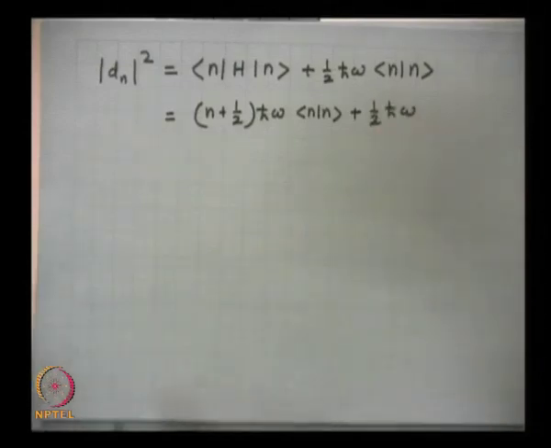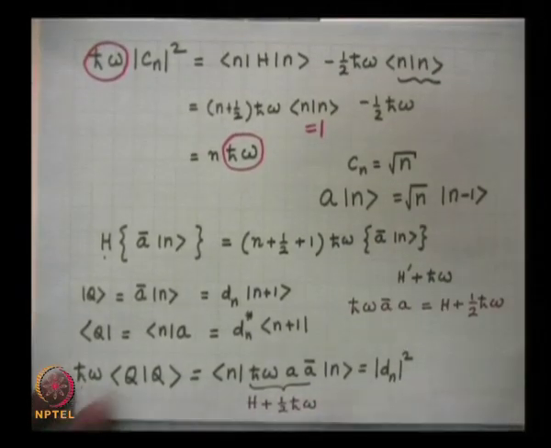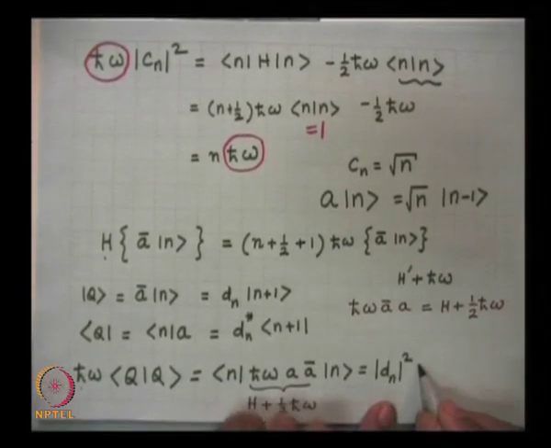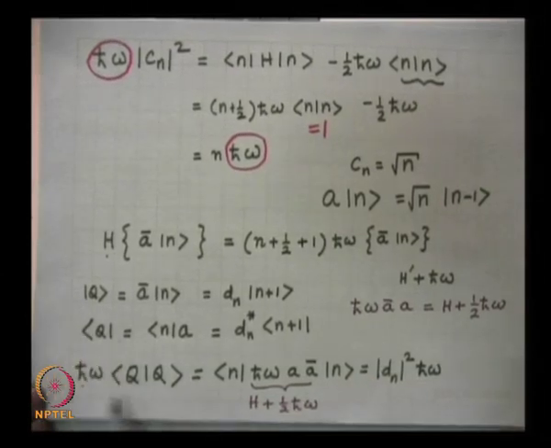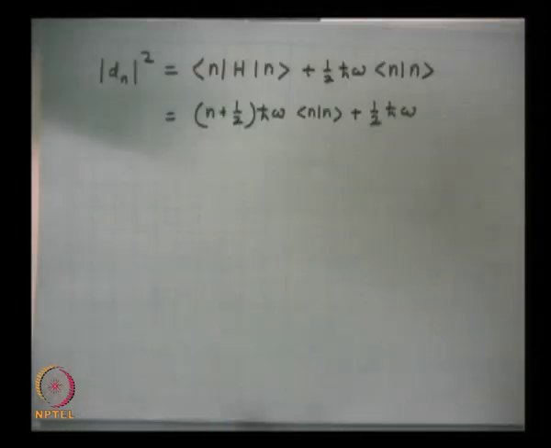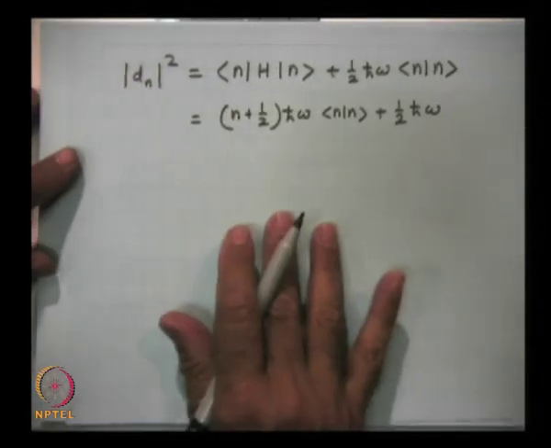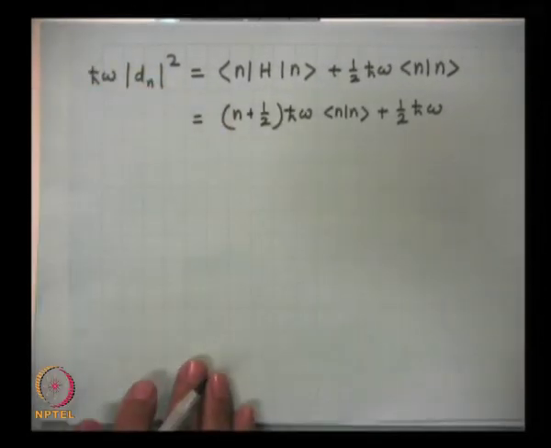I am sorry, there is one thing: when I multiplied this by h cross omega, I should have multiplied this also by h cross omega, because I wrote bra q ket q multiplied by h cross omega. So, I missed out writing the h cross omega at the last step. So, this is your h cross omega d n square.